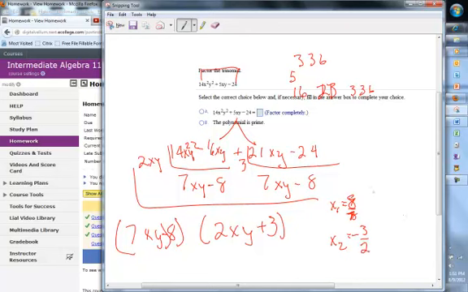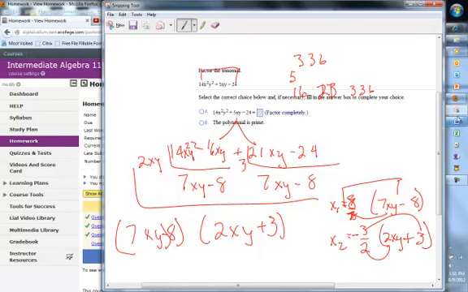So when we factor this first one, the 7 goes on the front, 7xy, 8 goes at the end, and change this sign to negative. 2 goes at the front, 3 goes at the back, and change this sign to positive.